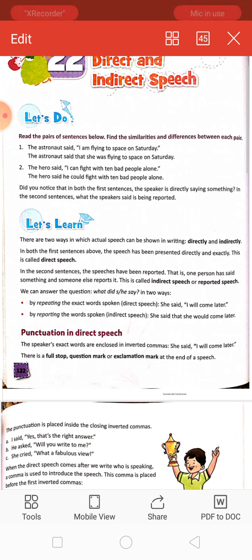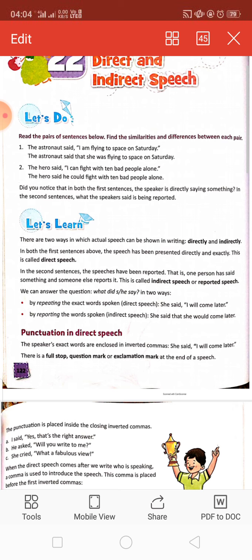As it is direct speech, we have to keep it in the inverted commas. Now, we are just stating what the astronaut said. The astronaut said that she was flying to space on Saturday.